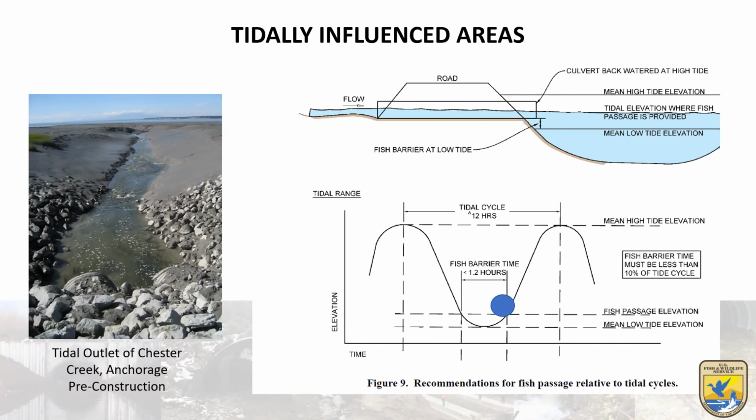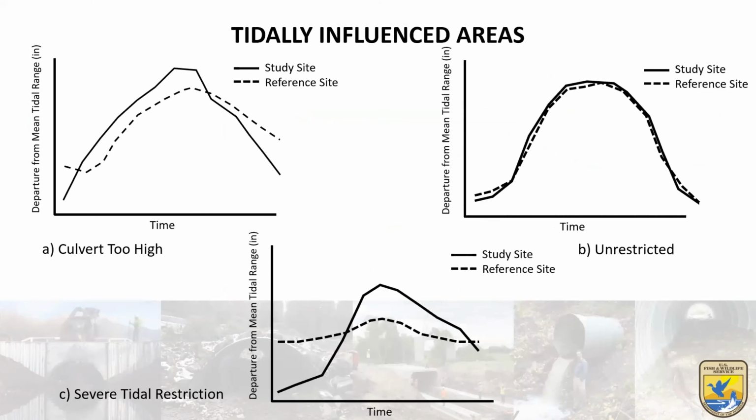That doesn't mean you don't end up with a perch at some point. But 90% of the time, you either have flow through here or this whole culvert's backwatered and fish can get up through there because there's really little velocity to prevent them. That's it in a nutshell when you talk about tidal influenced areas and criteria associated with that.